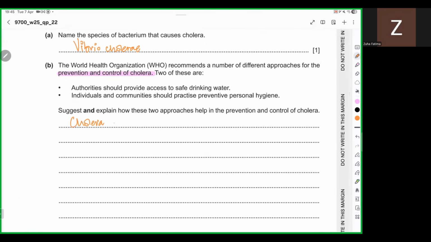So cholera spreads via fecal oral route and is present in contaminated water.